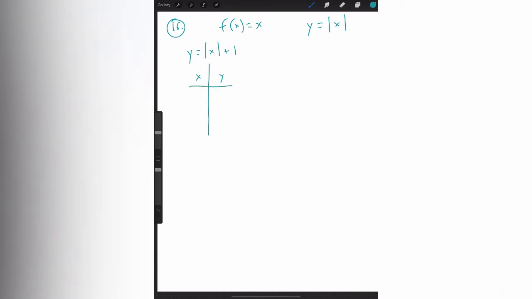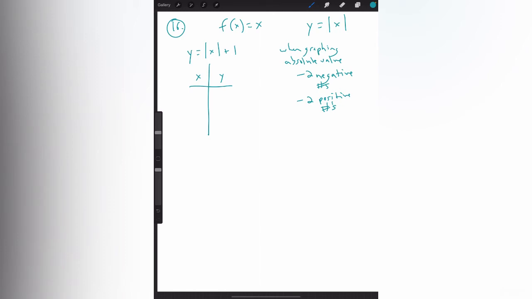Now check this out, whenever you're graphing absolute value, you want at least 2 negative numbers, and you want 2 positive numbers.